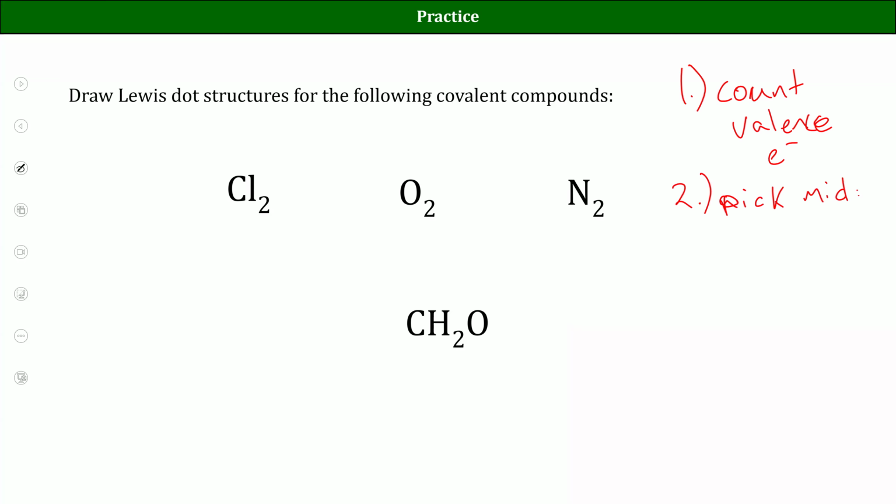If there's only two atoms, do you have a central atom? No, so you just put them next to each other. You can't have a middle if there's only two points, right? Fill all valences. So give these a try, and then we'll work through them together.